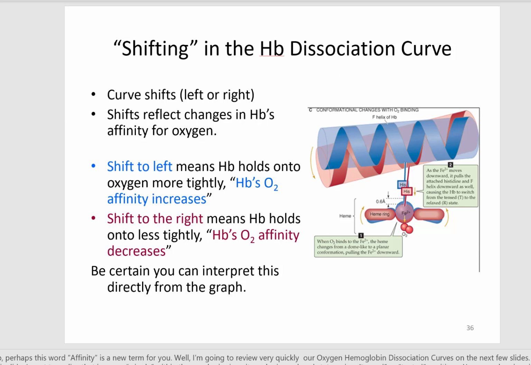Let me explain why this affinity changes, and then I'll tell you my analogy for this. In this picture to the right, you are seeing globin chains. You are seeing the amino acids. In blue, you're seeing the amino acids coiled in a helical shape.